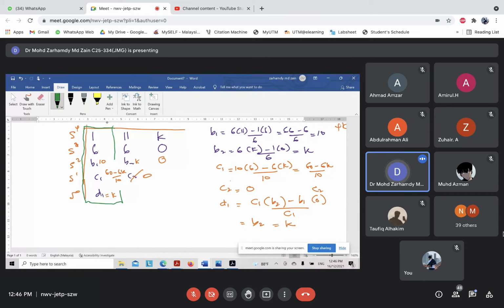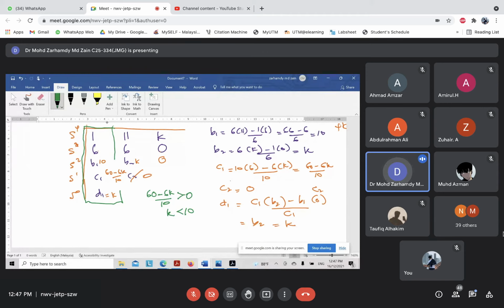So what should we do? We write down that 60 minus 6K over 10 must be greater than 0, because if it is greater than 0, it means we fulfil the stability condition. So from here you come up with the solution, and you will get K must be less than 10.